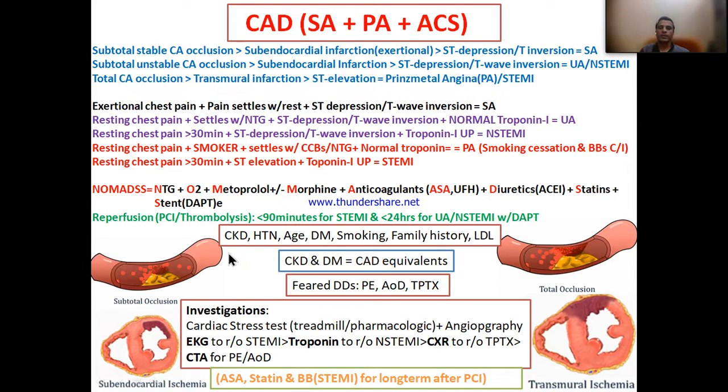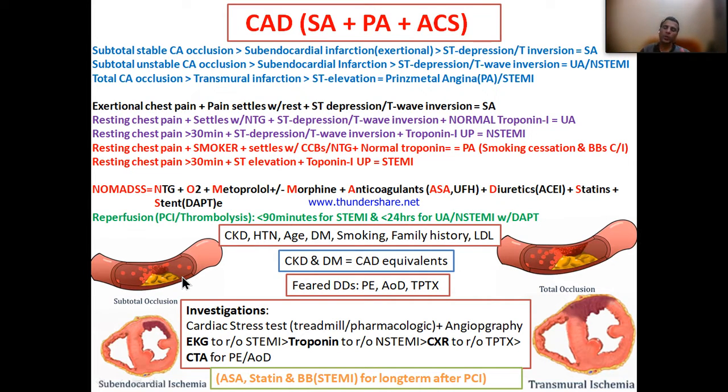If these risk factors are present, they will encourage the formation of atherosclerotic plaque. If the atherosclerotic plaque is stable, that will cause subtotal stable coronary occlusion, which means that the plaque has not ruptured yet.